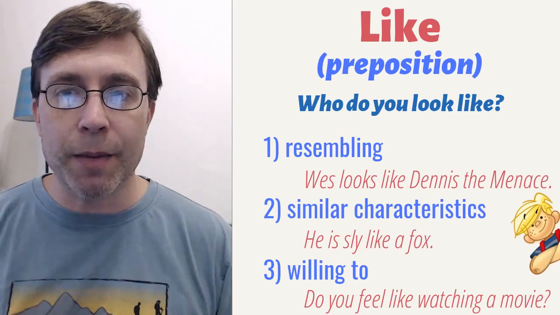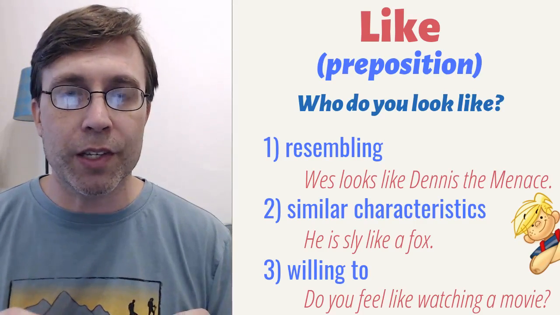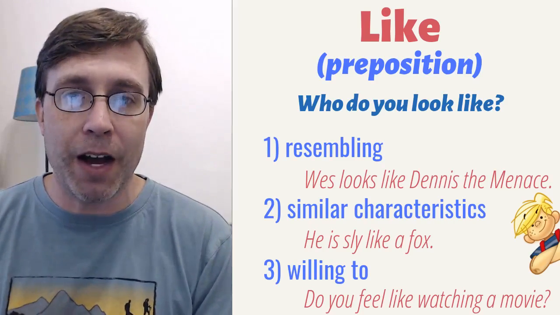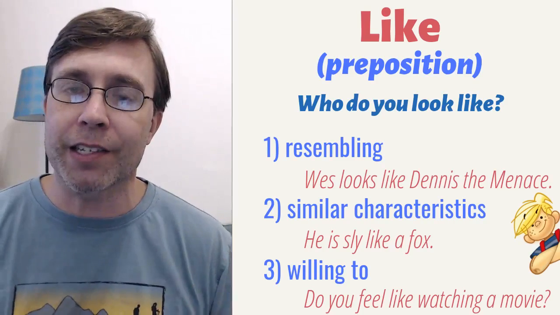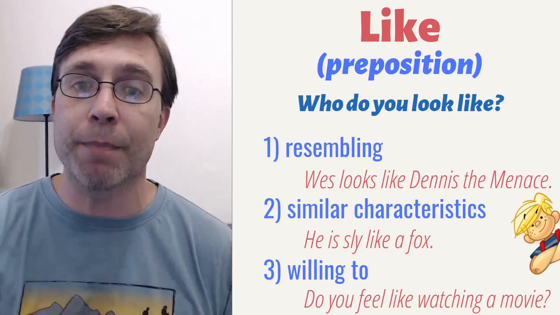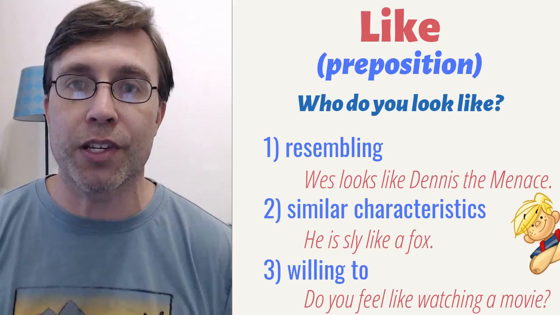Also, if we're talking about similes, you can use like or as. Those are the two common types of similes. He is as sly as a fox, or he is sly like a fox. Either way, they mean the same thing, but if you're using like, it is a preposition. The next one is if you're willing to do something.